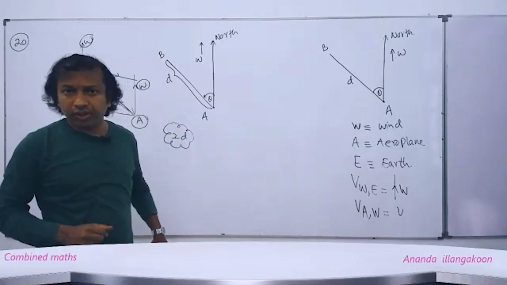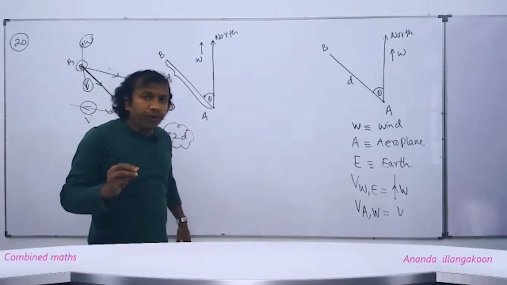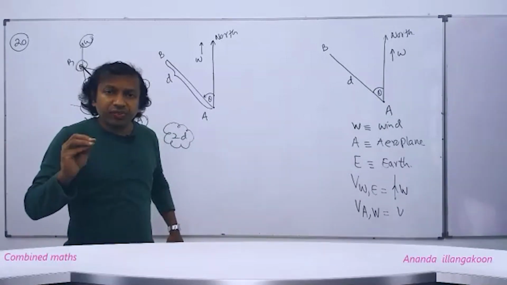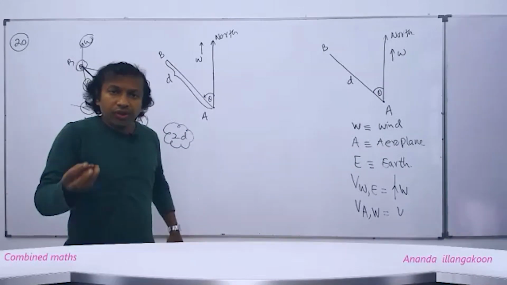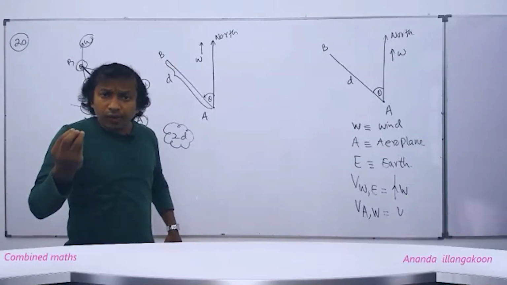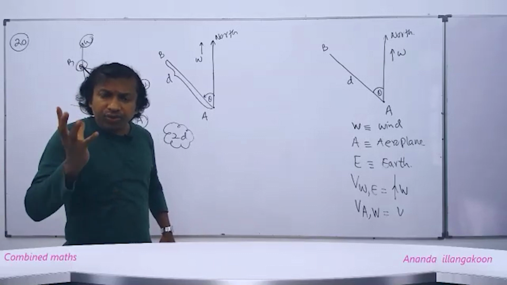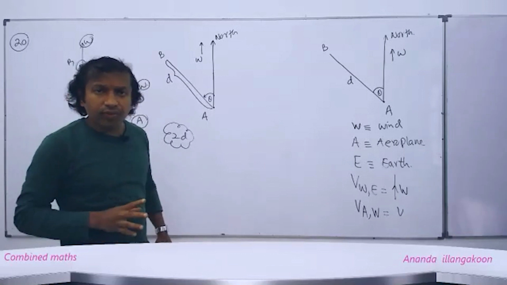Understood? Now we have the subject: what velocity do we need to find? The velocity of the aeroplane relative to Earth. Now, people, we write the principle of relative velocity.